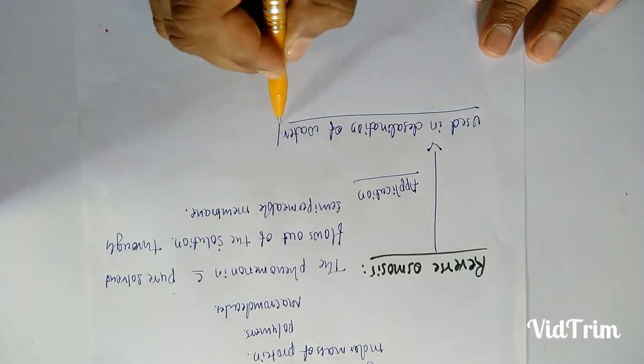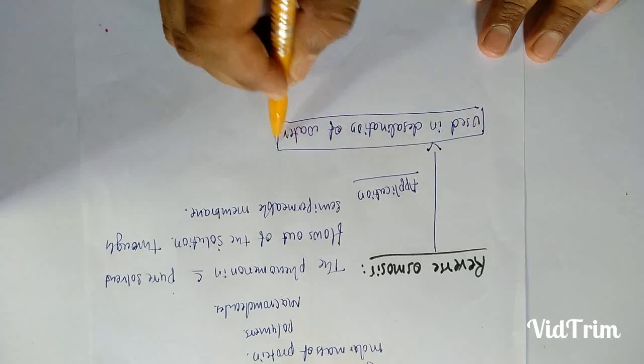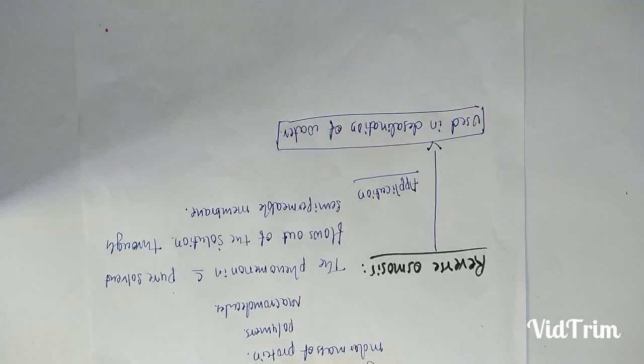Okay. This is the application of reverse osmosis. Okay. In this process, seawater is separated from the pure water by semi-permeable membrane.